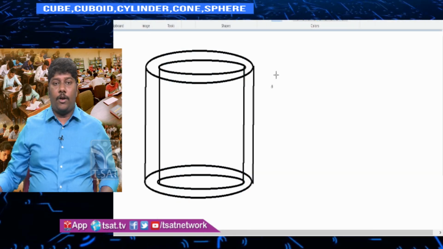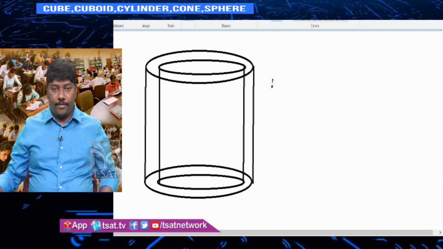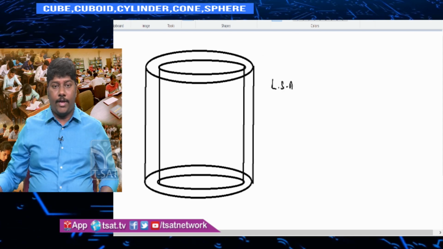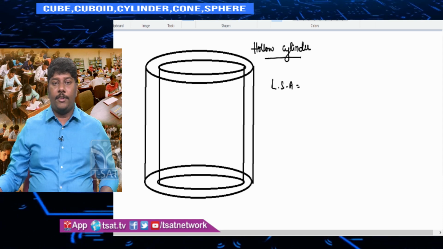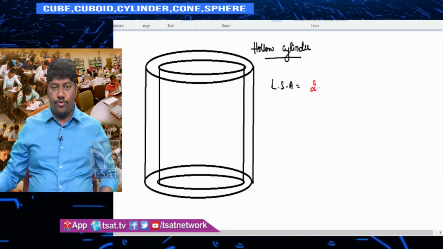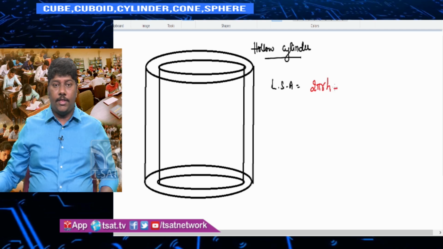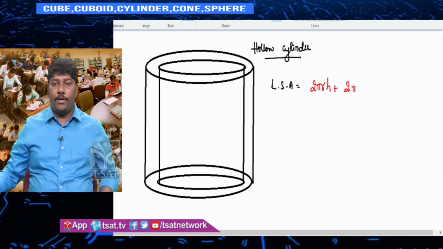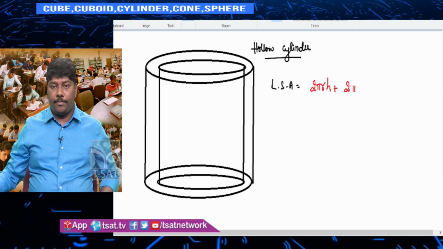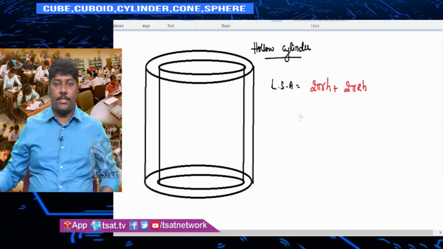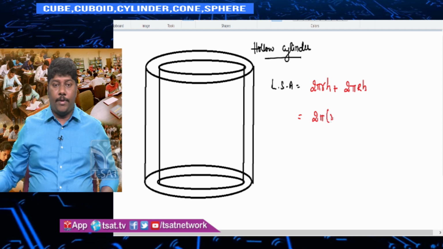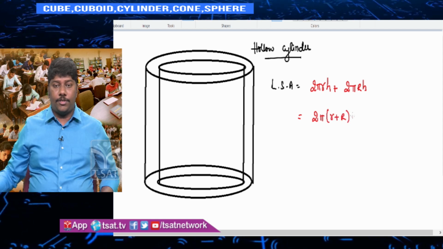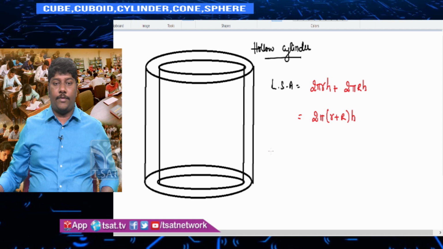For the hollow cylinder, how do I find the lateral surface area? For the lateral surface area of the hollow cylinder, you can just add the inner cylinder's lateral surface area, that is 2 pi r h, and the outer one, whose radius you take as capital R, 2 pi capital R into h. h is the same in both cases, therefore 2 pi into small r plus capital R into h is the lateral surface area.